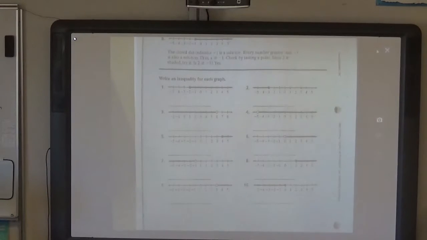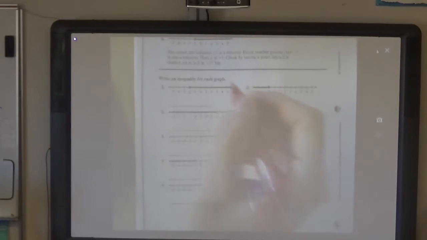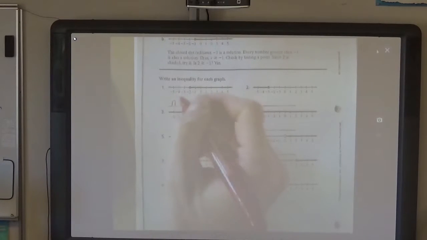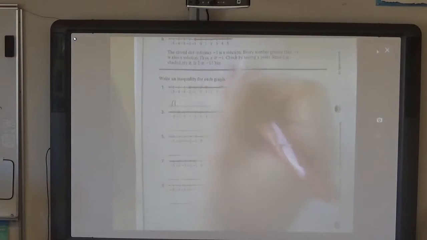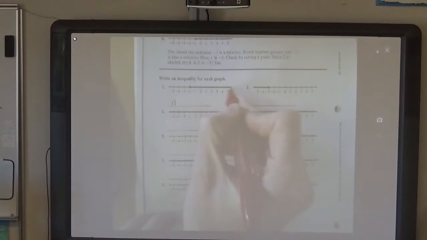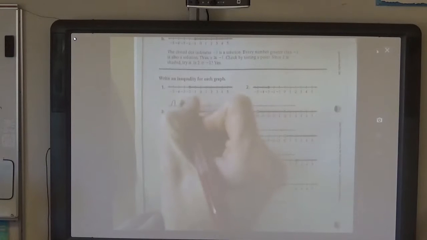Let's just use the letter n for an unknown number. Now, let's start with the variable n, because that way we can point the symbol the same direction as the arrow is pointing, or this shaded part of the arrow is pointing. It's pointing to the right.